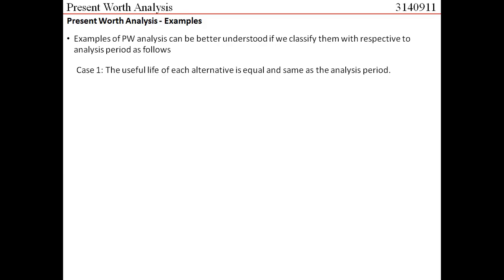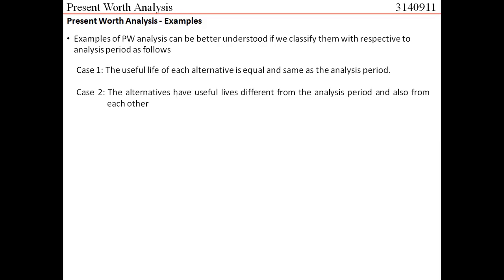That is, for a problem, I may have more than one alternative, and we consider that the useful life of each alternative is equal. That is, I may have option 1 and option 2. The useful life of option 1 and option 2 would be same, and that would be same as the analysis period. This would be the simplest case to handle.